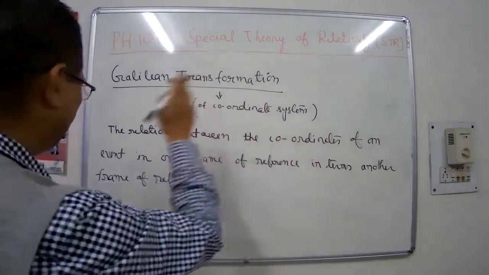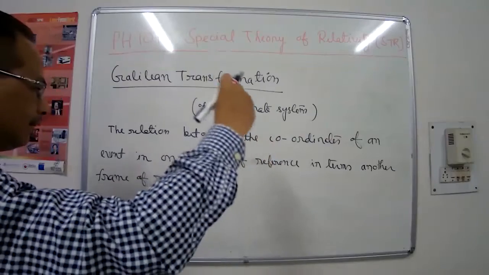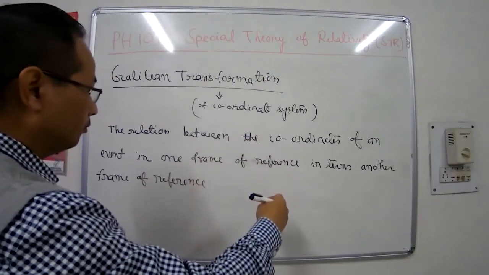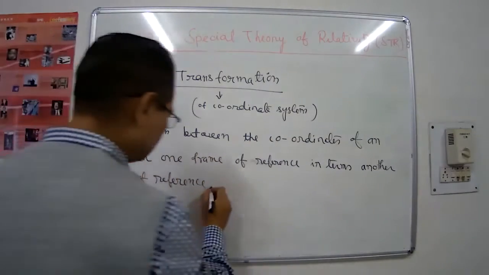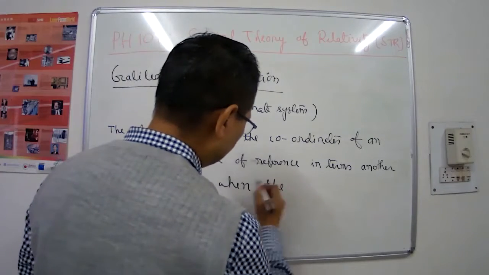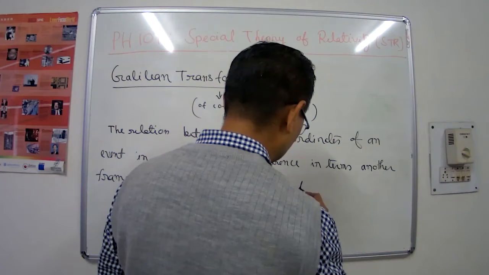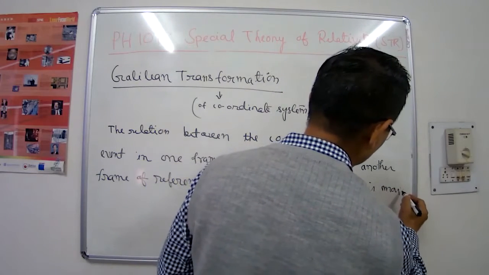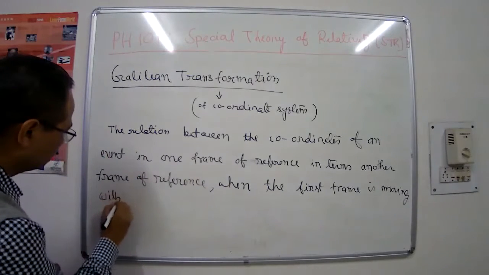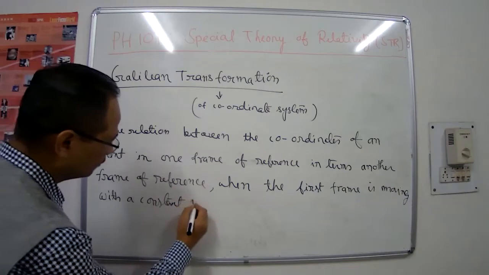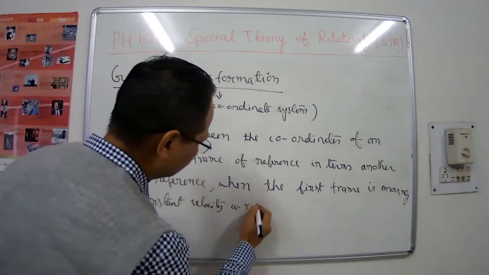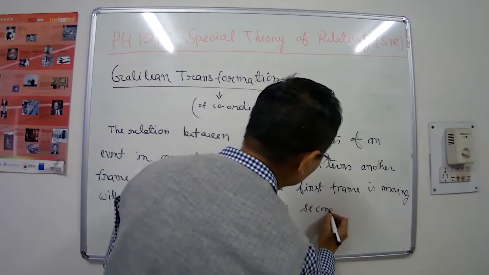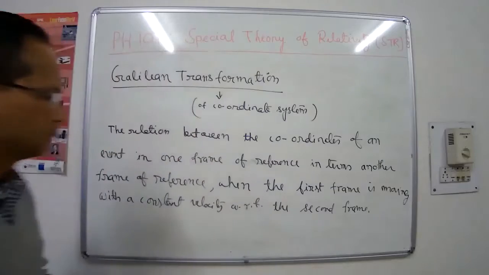There is one event taking place, and I describe the coordinates of that event in one frame of reference in terms of the coordinates of the same event in another frame of reference, when the first frame is moving with a constant velocity with respect to the second frame, or vice versa.